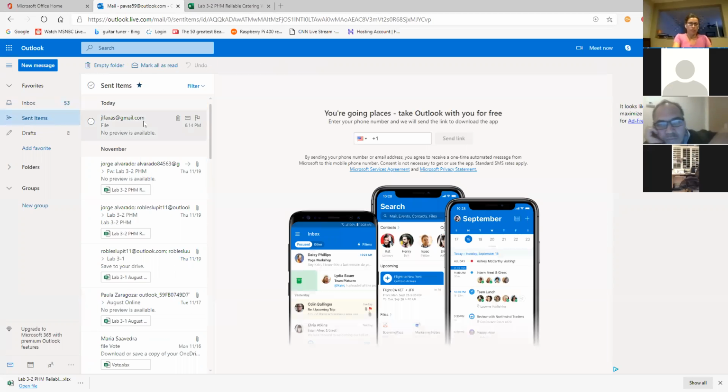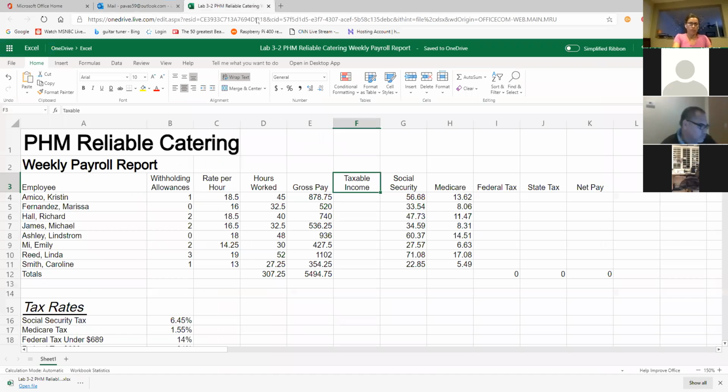It went through. Because it's gonna go to your Google, if you can open it in Office, it's better, Jennifer. If not, just copy and paste into a new Excel document. That's the only way to do it.